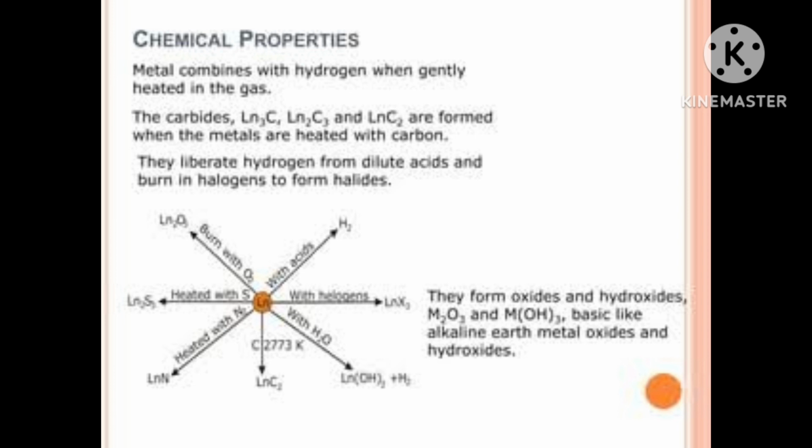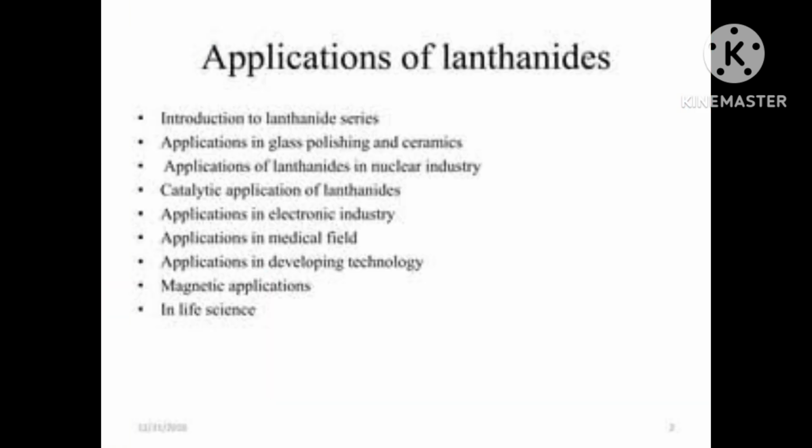The hydroxides are different compounds, not just hydrated oxides. And also these lanthanides are basic like alkaline earth metals. This you remember. They are basic like alkaline earth metal oxides and hydroxides.